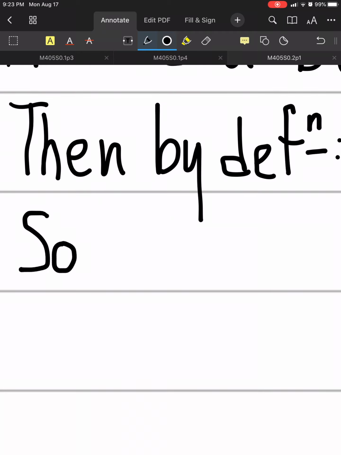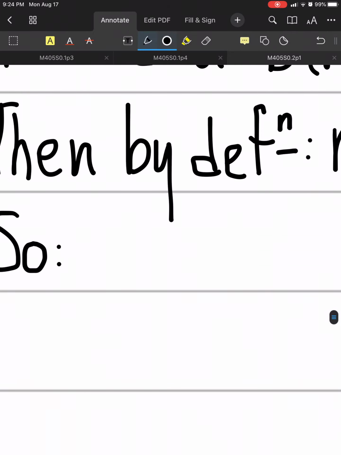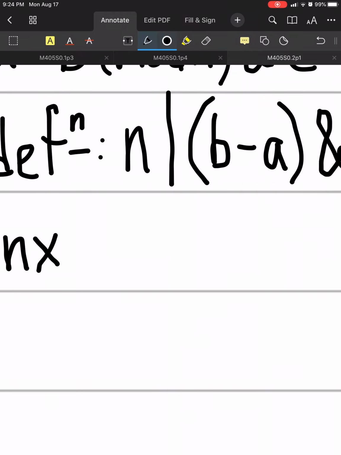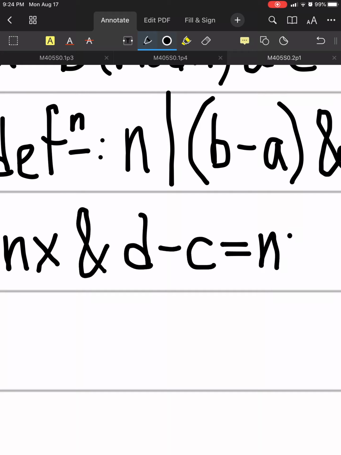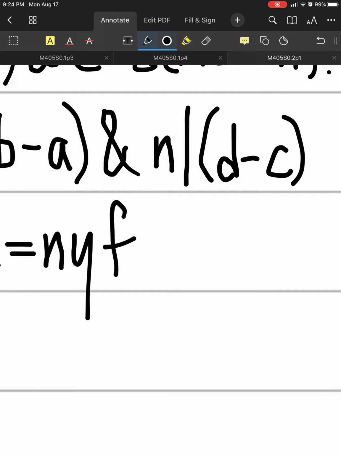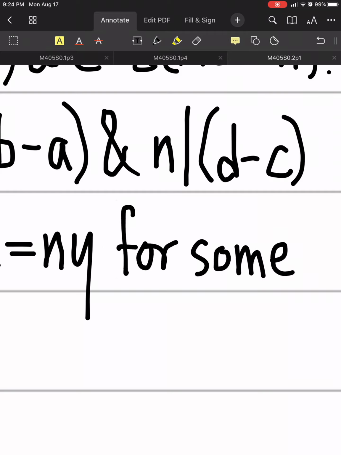So since n divides B minus A, that means B minus A equals nx for some integer x, and D minus C equals ny for some integer y, for some integers x and y.